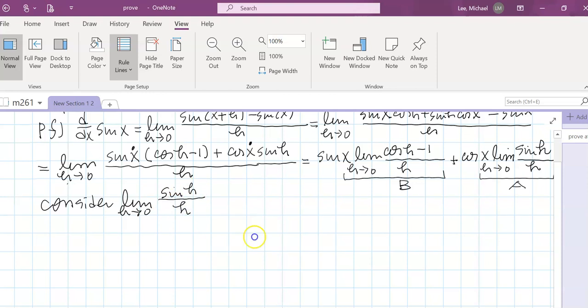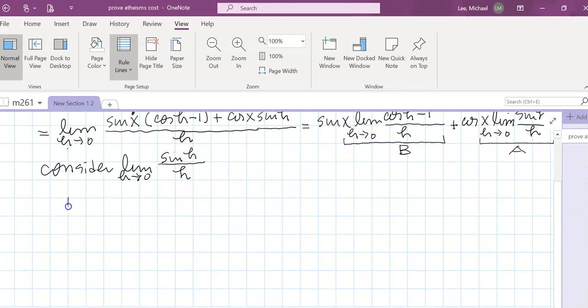Now let's draw part of a circle with radius 1. I'm going to call this point 1, 0 and this 0, 1.